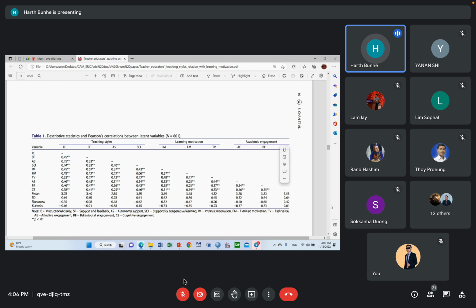And you will see what I highlighted here, right? Sorry, it's not easy to highlight with a PDF file. Sorry, again.